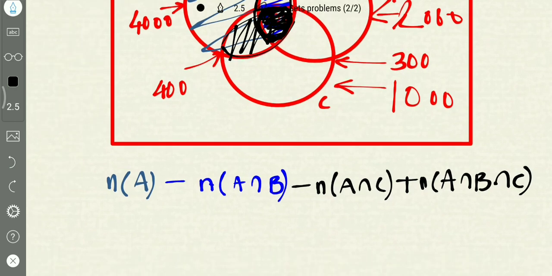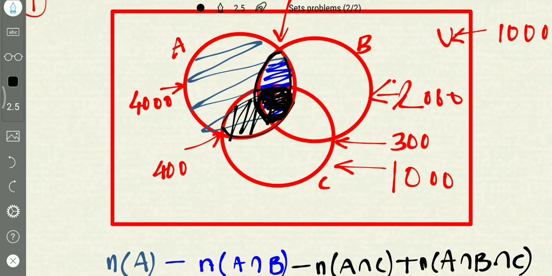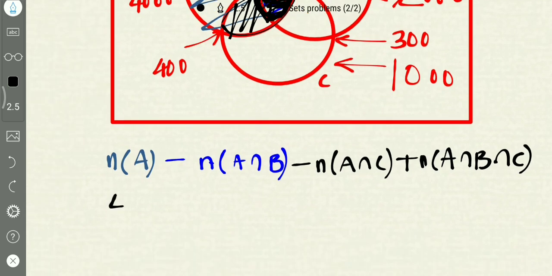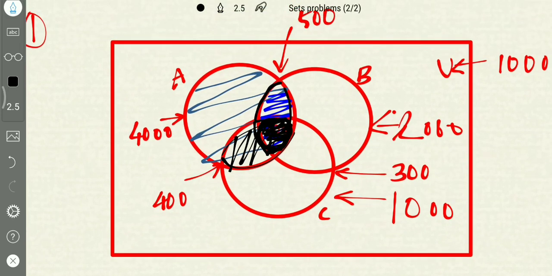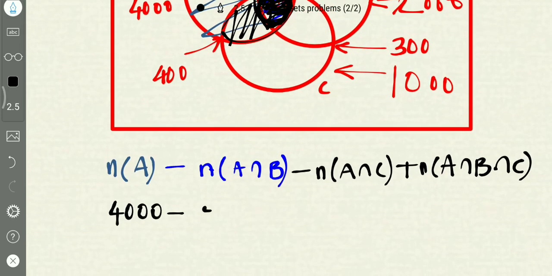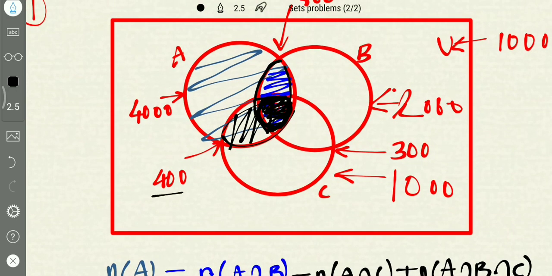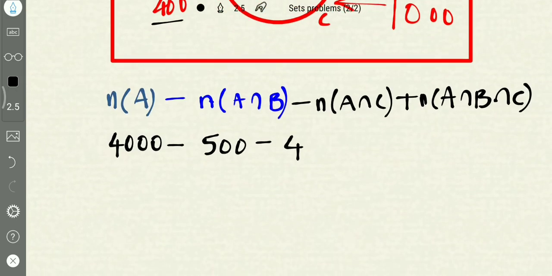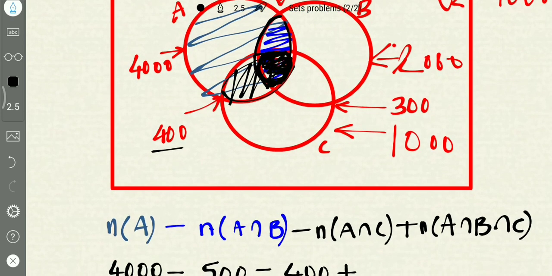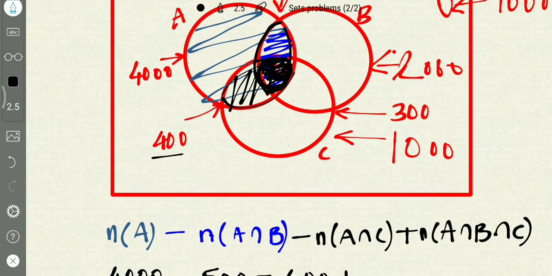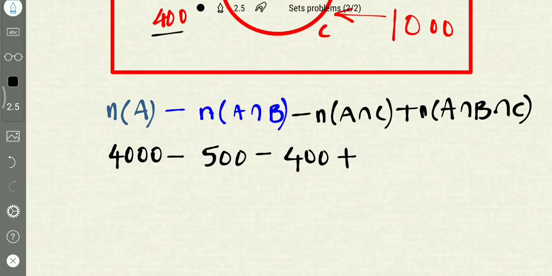So what is n of A? Total n of A is 4000, minus n of A intersection B is 500, minus n of A intersection C is 400, plus n of A intersection B intersection C is 200.